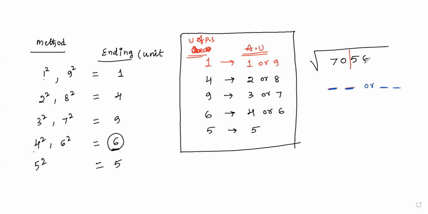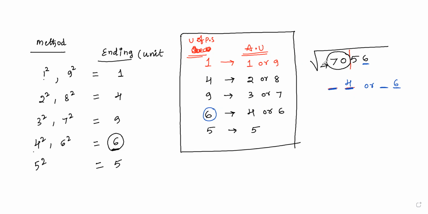The number is ending with 6, so the answer is ending with 4 or 6. Is it correct or not? Yes, sir. Now we have to select a perfect square number that is always less than 70.